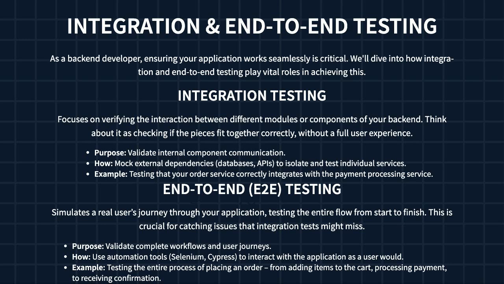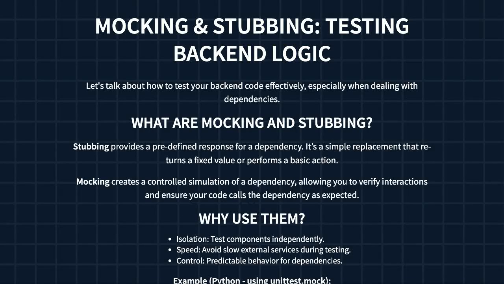Okay, so when we're testing backend code, it can sometimes be tricky because our functions often rely on external services or complex databases. That's where mocking and stubbing come in. Think of stubbing as a simple placeholder, like giving a function a canned response. It's great for quickly testing if your code works with that dependency.